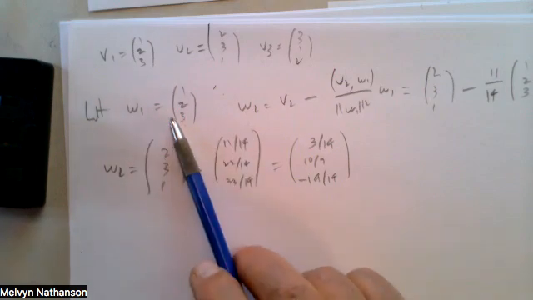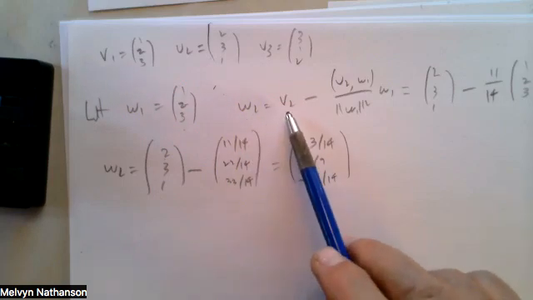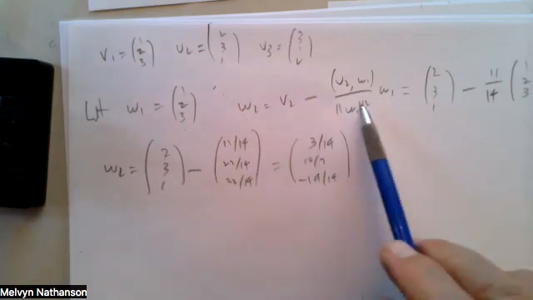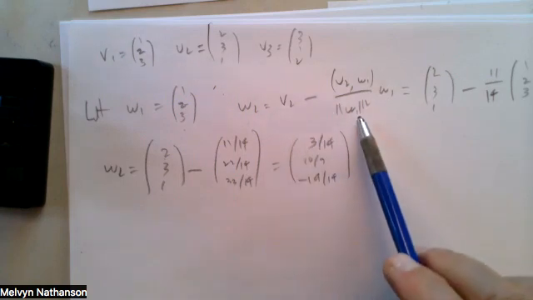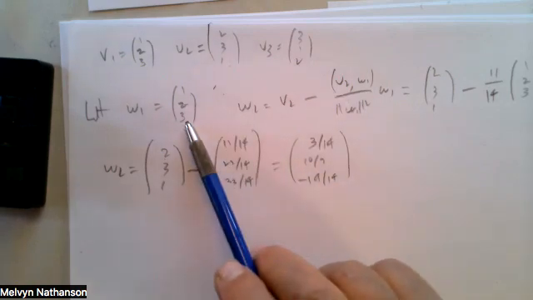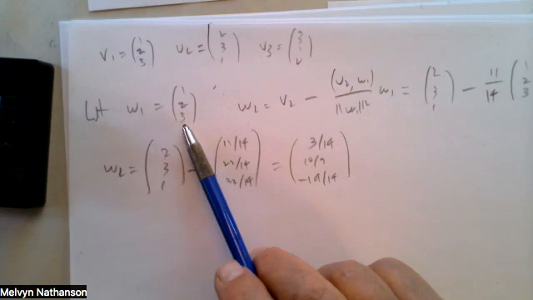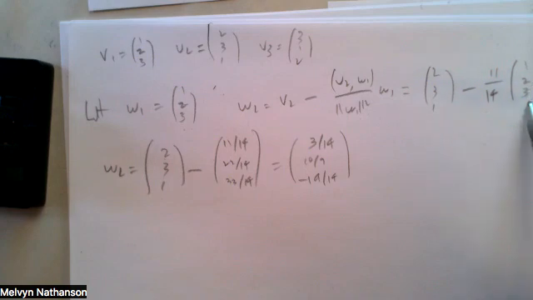W1 is V1. W2 is the component of V2 perpendicular to W1, so it's V2 minus the parallel component. The inner product of these two vectors is 11. The length of W1 squared is 14. So it's that times the vector W1.